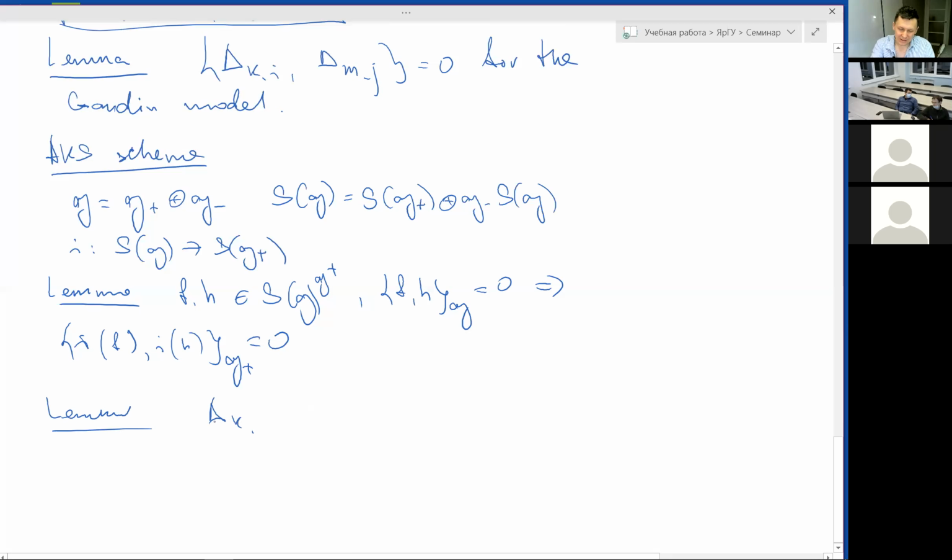Okay, so it's a statement, and another statement is the following: that delta ki are G plus invariant. I should say that in my case, I use the decomposition of GLN as B plus and SON Lie subalgebras.